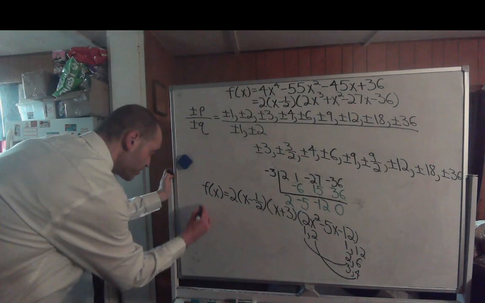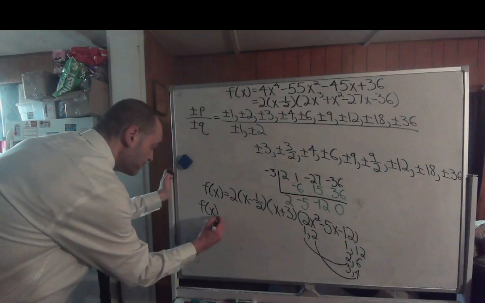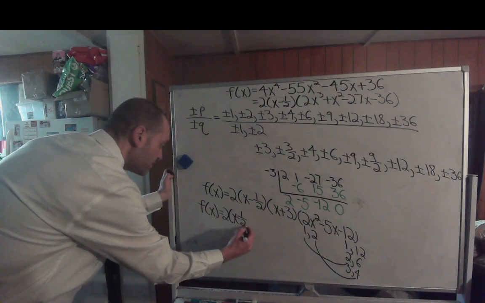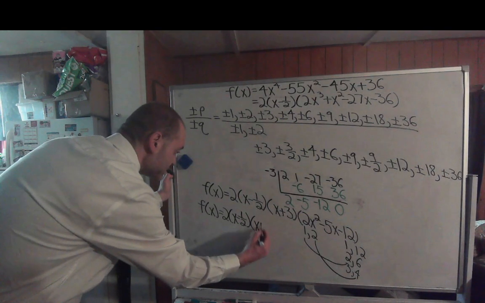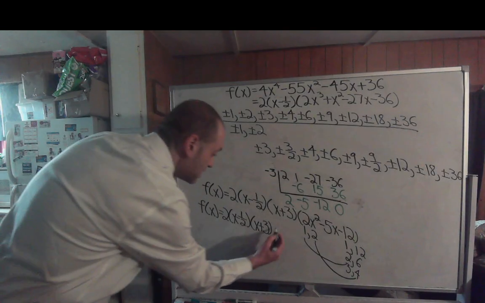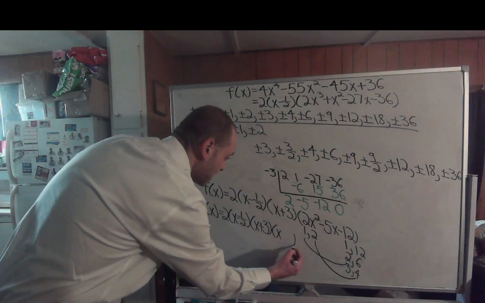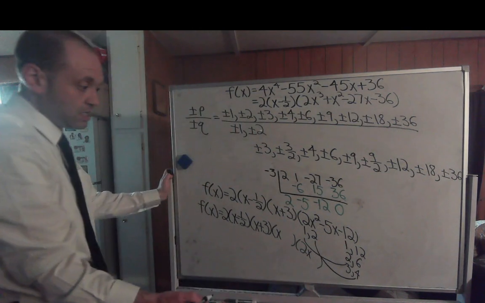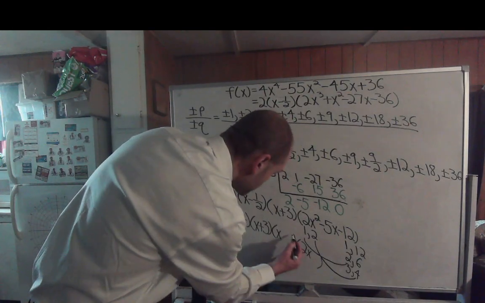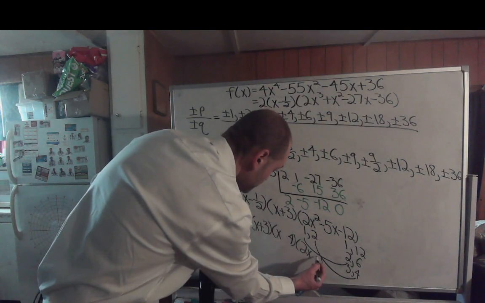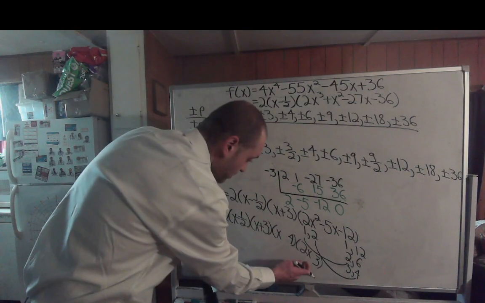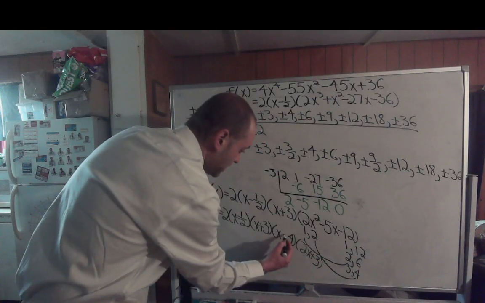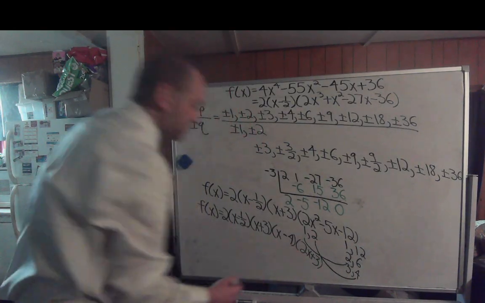I'm pretty sure this is going to factor into f of x equals 2 times x minus 1/2 times x plus 3 times x, and then you have a 2x. So let's see, 2 goes to 4, and then this goes to 3. So 2x squared plus 3x minus 8x, that's the minus 5x, there's the minus 12.